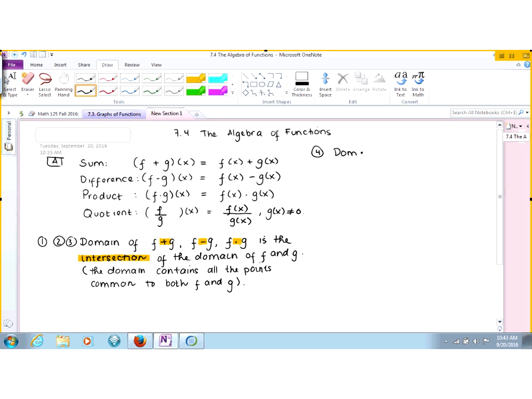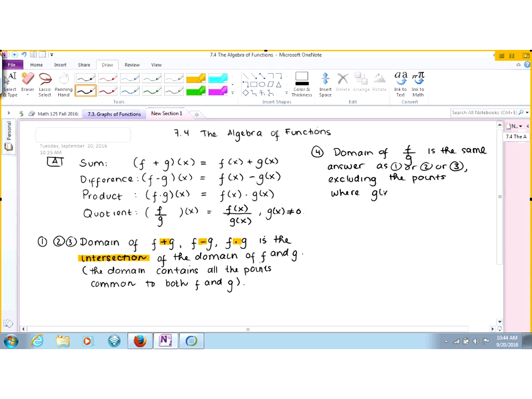Now the 4th one, domain of F over G, is the same answer as 1, 2, 3. So they're all the same answer anyway. But you need to add one more, excluding the points where g of x is equal to 0.